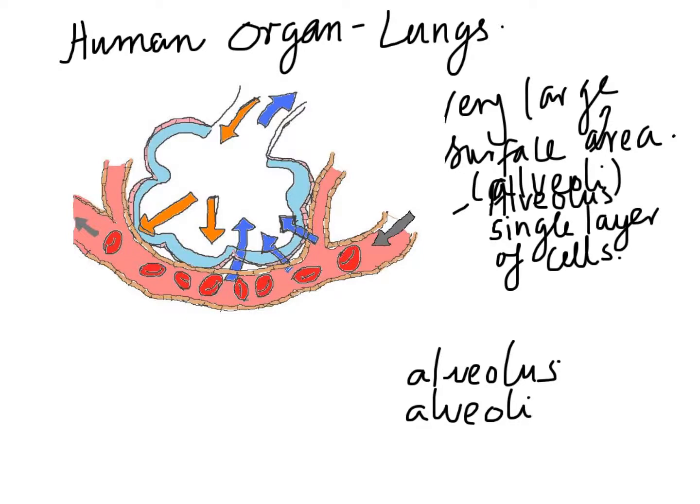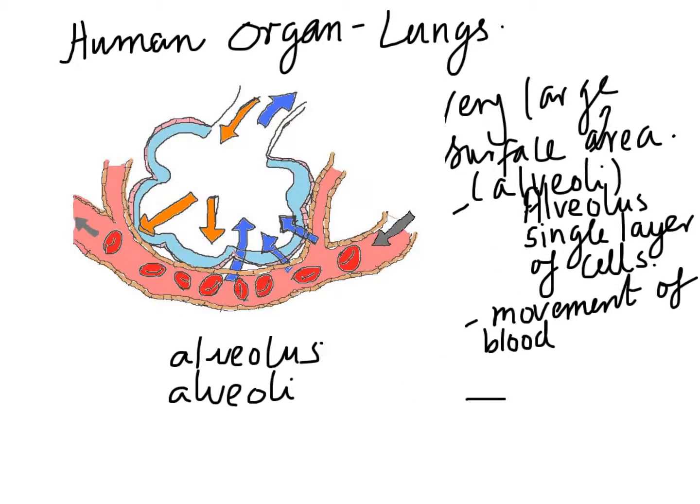So there is a higher difference in concentration between the alveolus and the blood all the time because of this movement of blood, and that makes it even more efficient. The movement of blood maintains a larger difference in concentrations of oxygen and carbon dioxide between the blood and the alveolus.